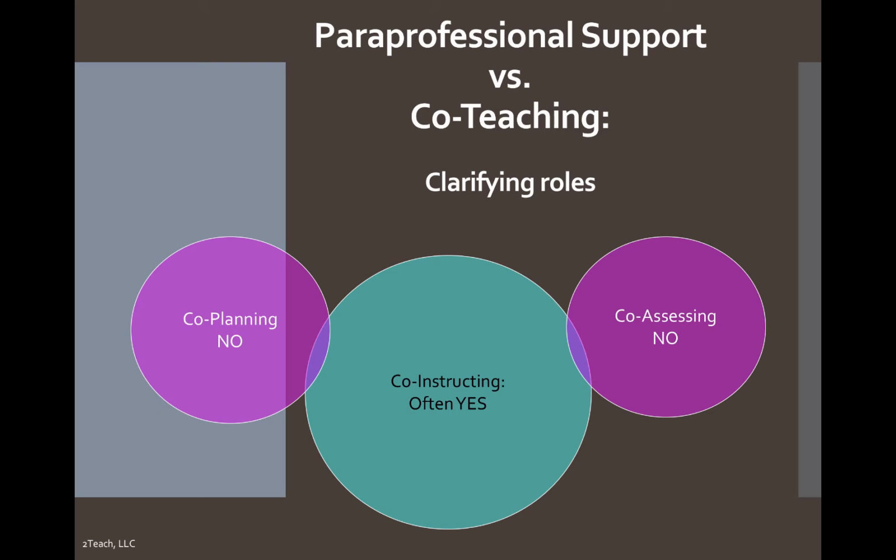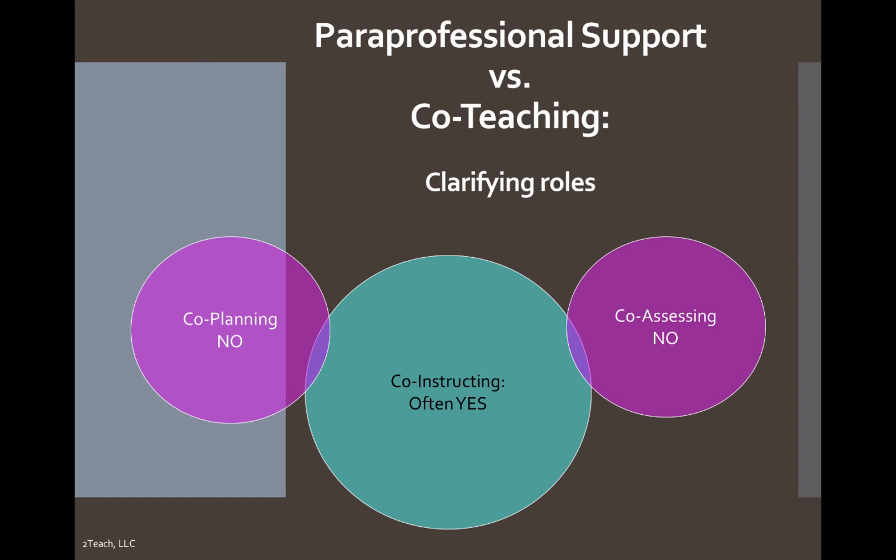And so paraprofessionals do not really engage in that component. They may administer assessments, again under your guidance, but they do not have the autonomy to pull different assessments and make the determination of which assessment to administer to different students.